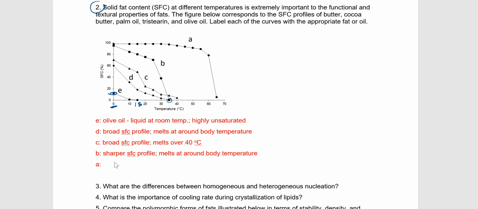Okay, let's try it. What's the melting point? So maybe over 65 degrees Celsius. So it has the highest melting point.